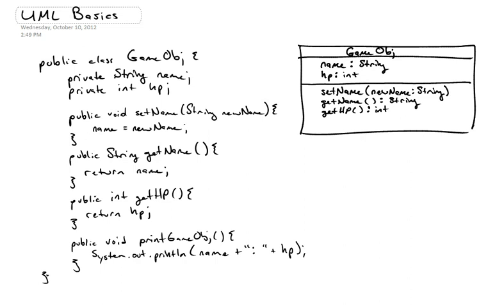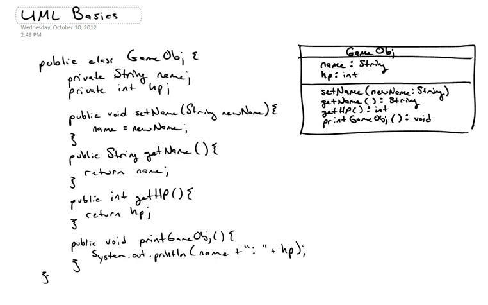And then after that, you've got your printGameObject, which doesn't take anything either, and it doesn't return anything. If you wanted to, you could write that, or you could just leave it blank like I did before. And that's the basic setup for our game object.